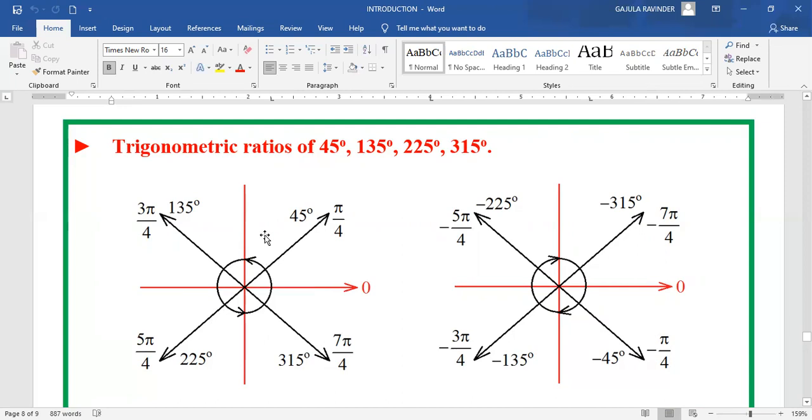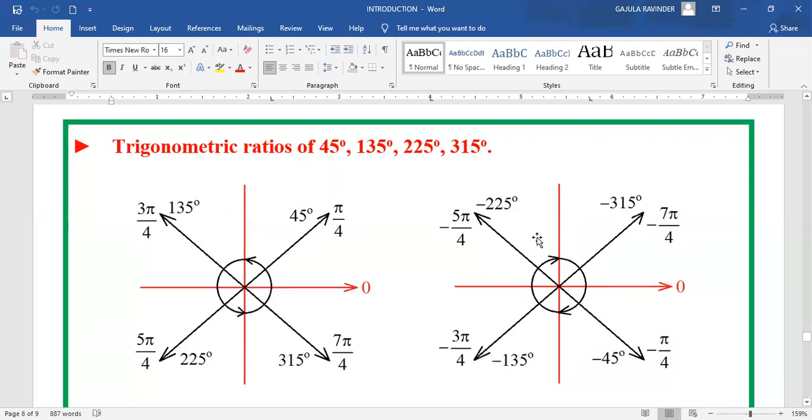For example, sine in third quadrant will be taken as minus. Cos in second quadrant will be taken as minus. And tan in third quadrant and fourth quadrant will be taken as minus. Because we know the angles in which quadrant, see where this 135 lies, where this 225 lies, where this 7 pi by 4 lies. You must remember the position of these angles.